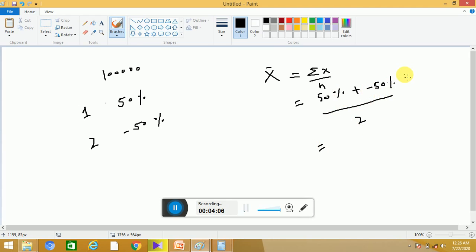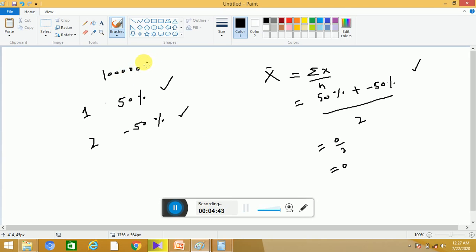So 50 minus 50 becomes 0, divided by 2, which is equal to 0. Now look at this: first year there is a return of 50%, and second year a loss of 50%, so arithmetic mean is telling us that our return is 0%.